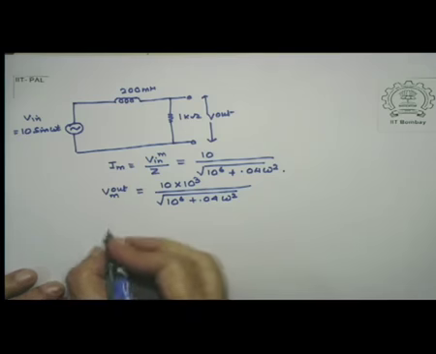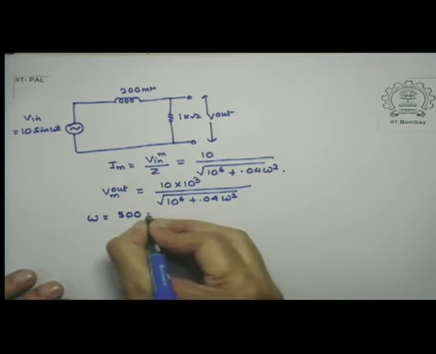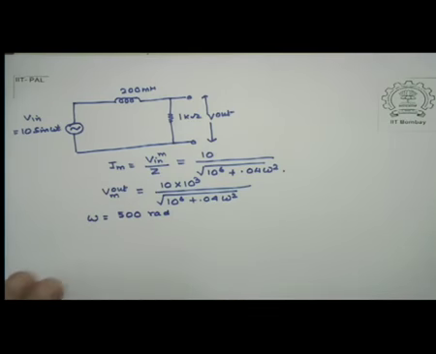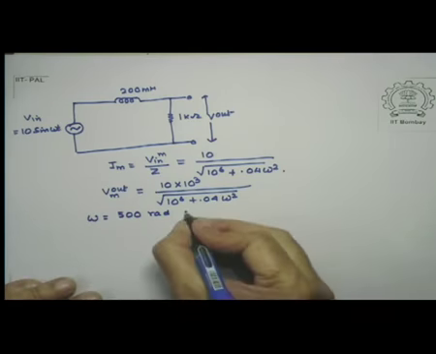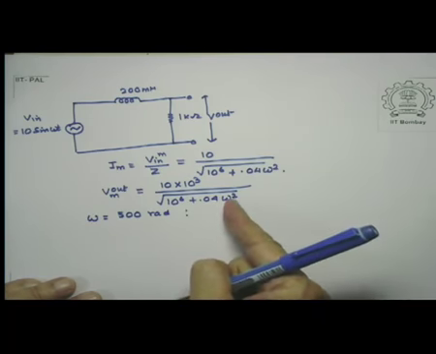Now let me take omega equal to 500 radians per second, which corresponds to a linear frequency of about 80 hertz. Now we compute using this formula by simply substituting for this omega.